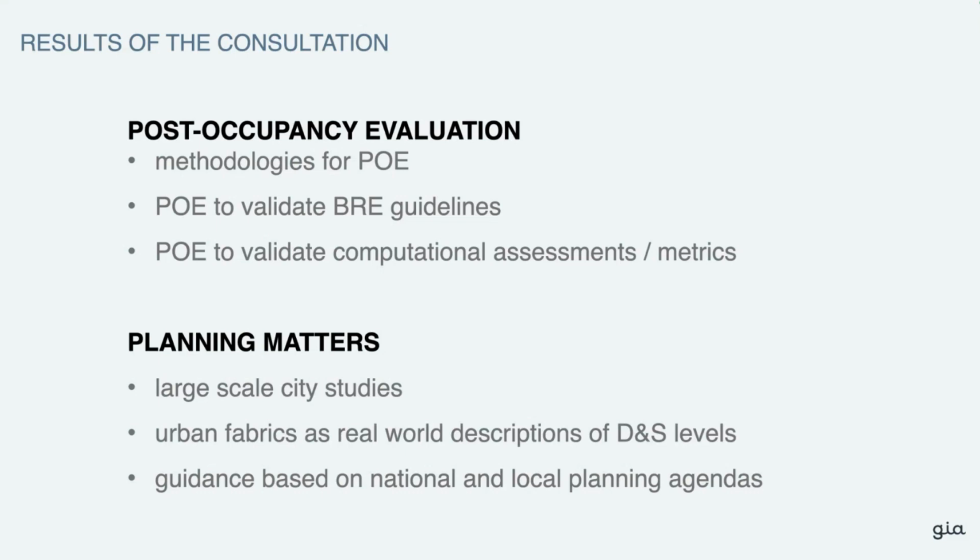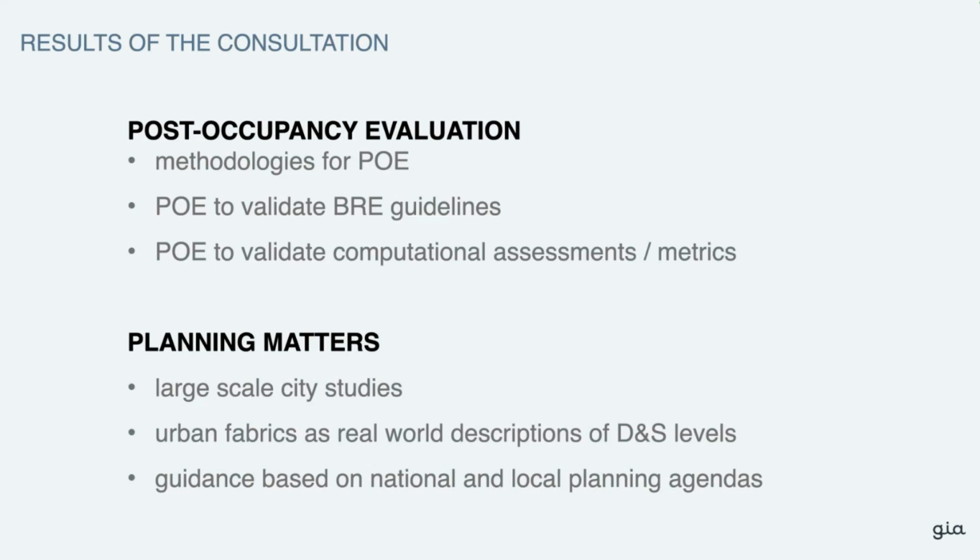Then finally, and potentially, at least for me, the most appealing topic that was brought up in the consultation, and that I've decided to call planning matters. Here we received 3 actually very intertwined suggestions. The first one refers to the lack and need of large-scale city studies that would somehow help us steer the wheel around site layout and planning policies.